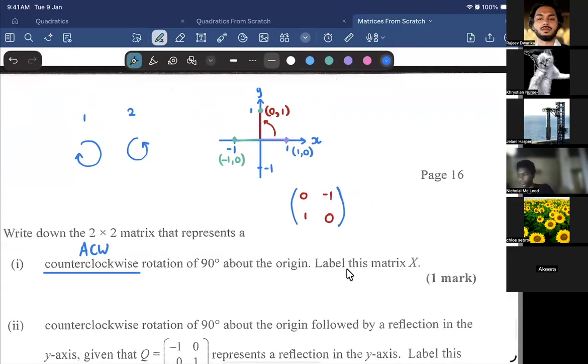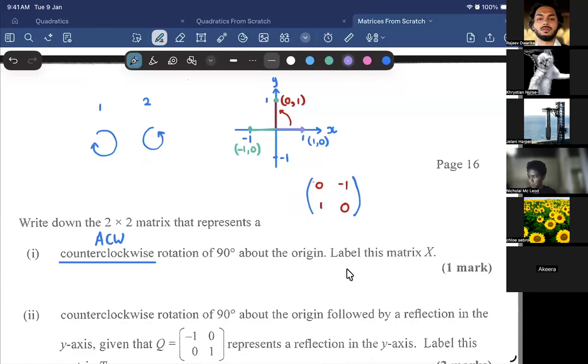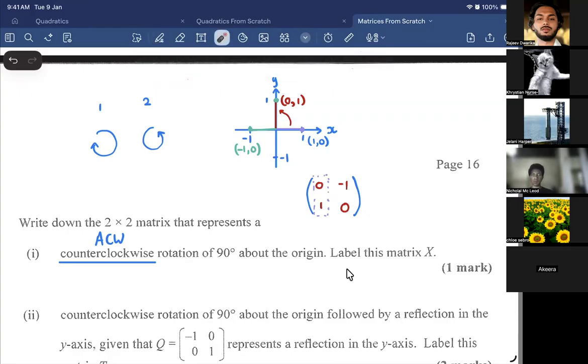So for me to figure out this matrix without remembering it, I'm going to figure out what would happen to the x value if I rotated 90 degrees anti-clockwise. If you have 1, 0 and you rotate it 90 degrees anti-clockwise, we're going to end up at 0, 1.